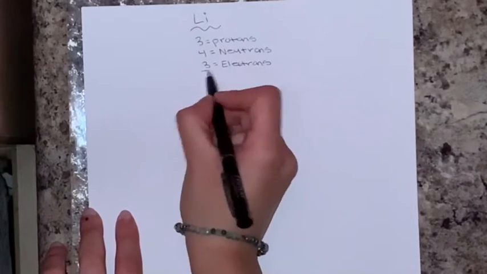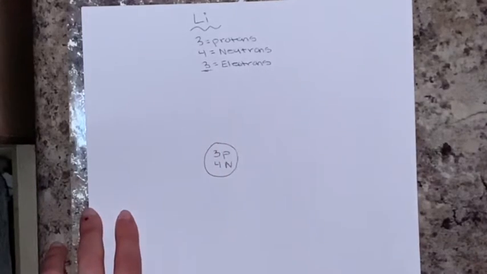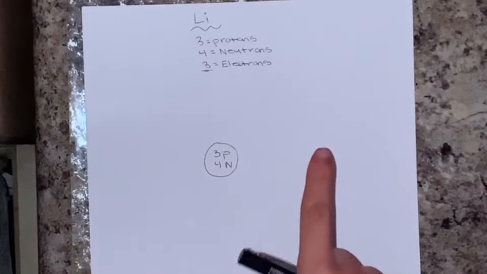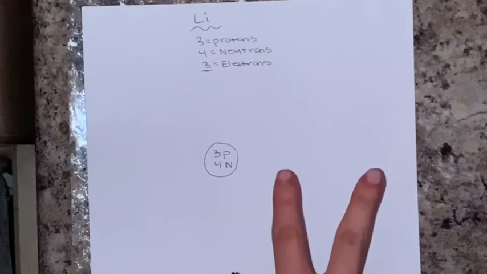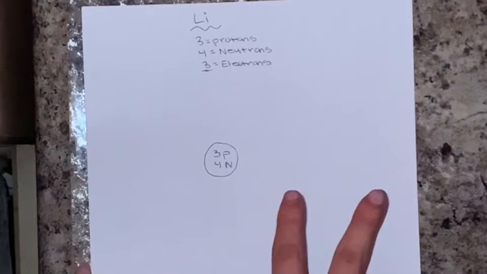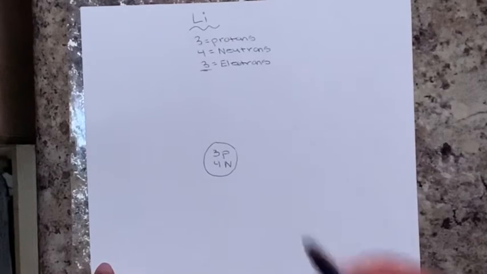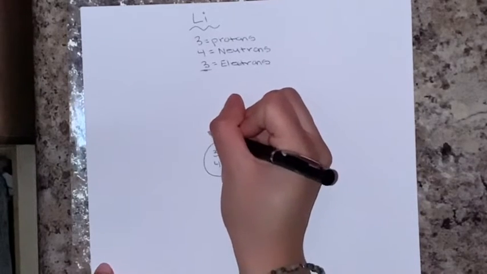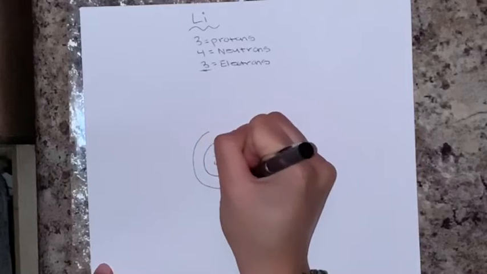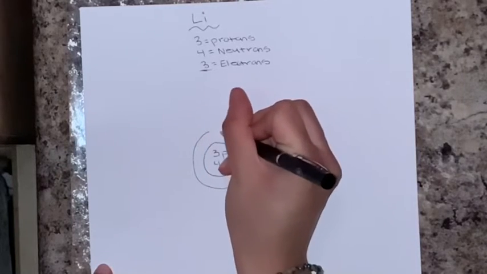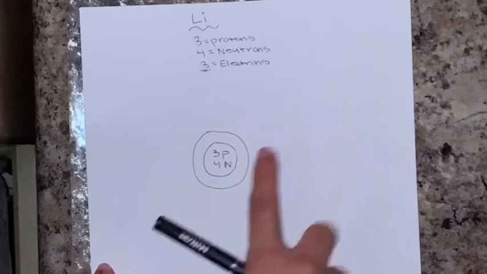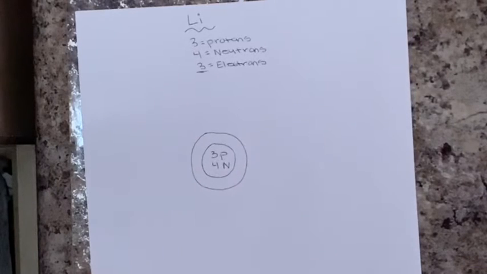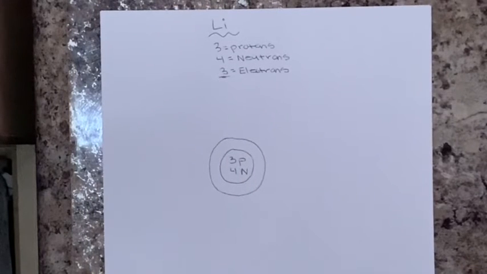And we realize we have 3 electrons, so we're going to distribute these electrons in the orbitals, and the first orbital can fit only 2 electrons. So we're going to draw the first orbital, which is around the nucleus, and we're going to draw 2 electrons. And the electrons are going to be across from each other.